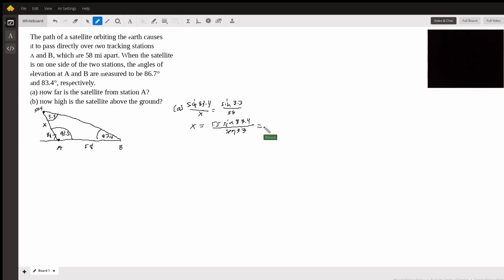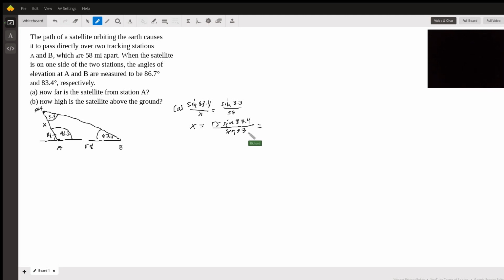Now I'm going to go on my calculator. Make sure you're in degree mode. This is all in degrees. The angles are in degrees. And we just plug this in, 55 times the sine 83.4. Then divide that by the sine of 3.3.